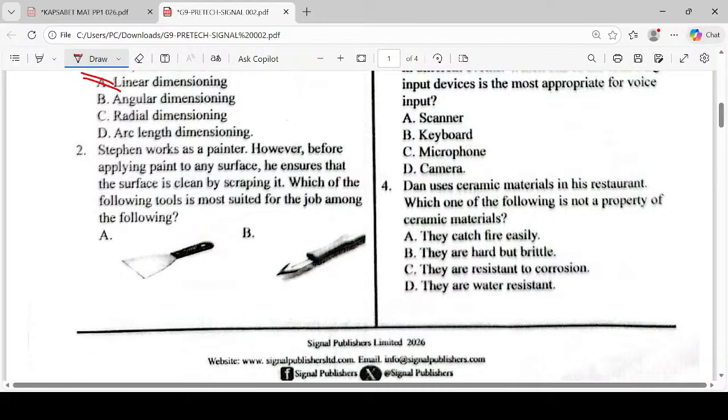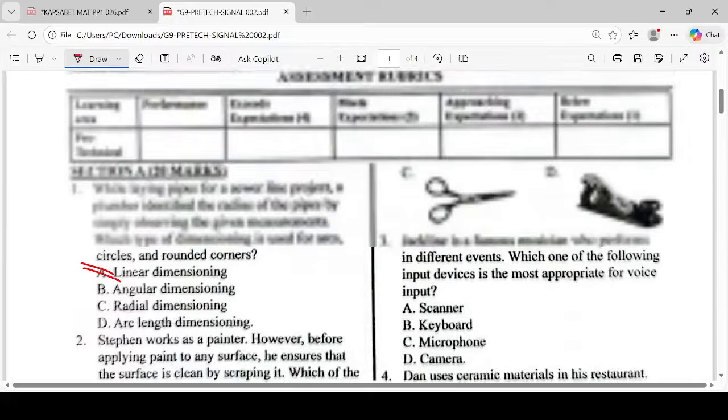Question number 2. Stephen works as a painter. However, before applying a paint to any surface, he ensures that the surface is clean by scraping it. Which of the following tools is most suited for the job among the following? The one that can be used to scrap the surface before applying the paint. You can see the figures.